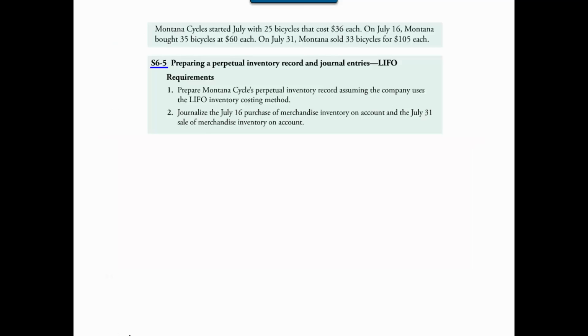So if we go back to the same problem with the bikes that we did with specific identification and with FIFO, now we're going to do it with LIFO. So I start out with date, purchases, cost of goods sold, ending inventory.